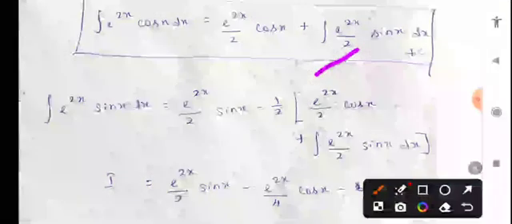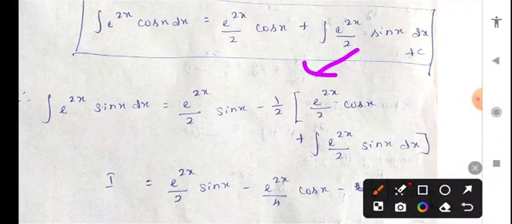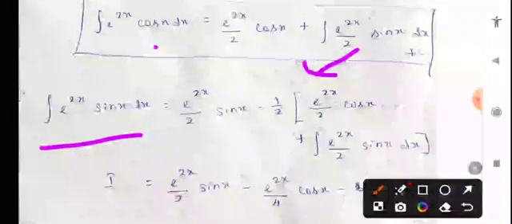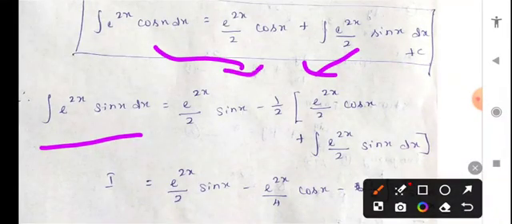Now take this value and substitute it in the integral of e power 2x sin x dx. Already we have e power 2x divided by 2 sin x, minus 1 by 2 into, instead of e power 2x cos x dx, we replace it with: 1 by 2 into e power 2x by 2 cos x plus integral over e power 2x by 2 sin x dx.